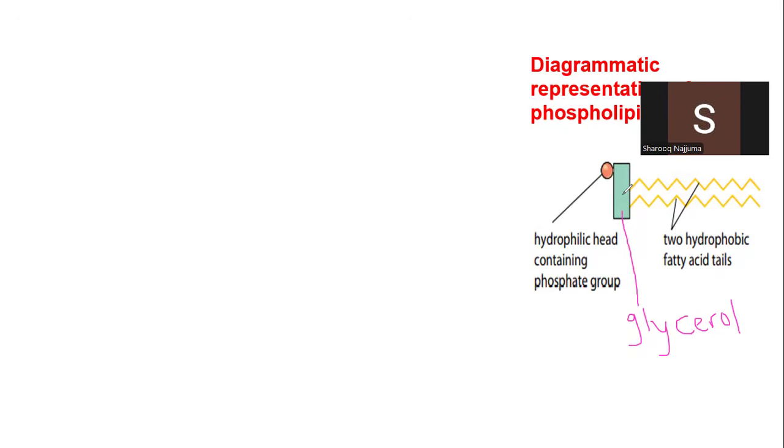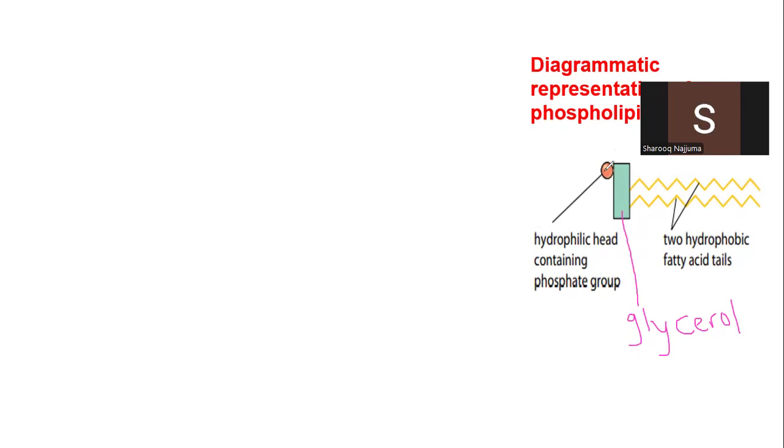Now we need to remember the nature of the fatty acid tails. The fatty acid tails are hydrophobic. They are water hating, which means they cannot interact with water molecules. This part with the fatty acid tails is always going to be repelled by water. Now we also have the side that has the phosphate.